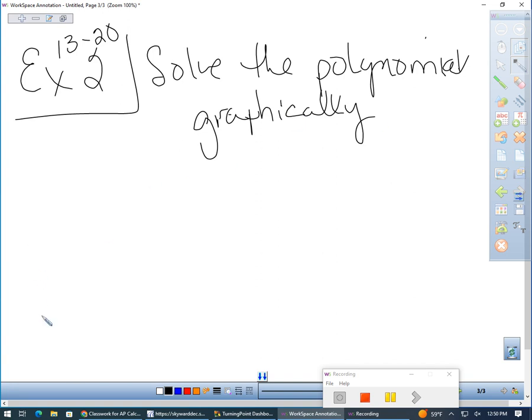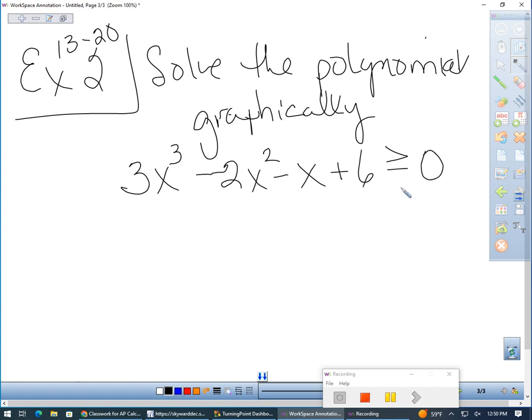So maybe we get something like 3x^3 - 2x^2 - x + 6, and we're going to go where it's greater than or equal to 0. I'm not asking you to do all the math that goes along with it. I'm asking you to put it into your graphing calculator. So everybody grab your graphing calculator.